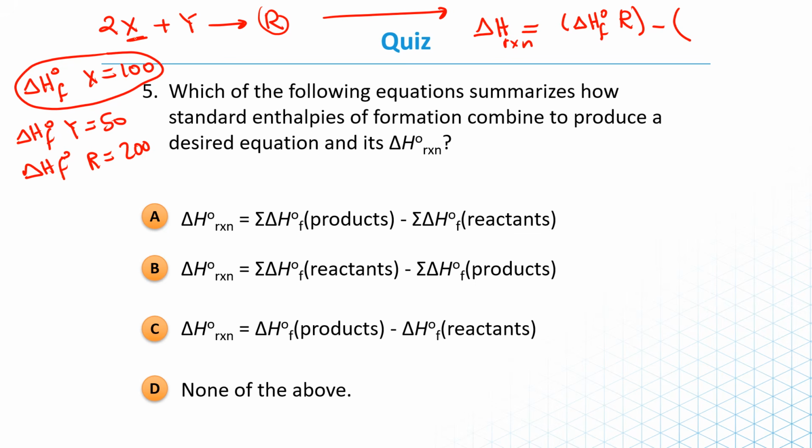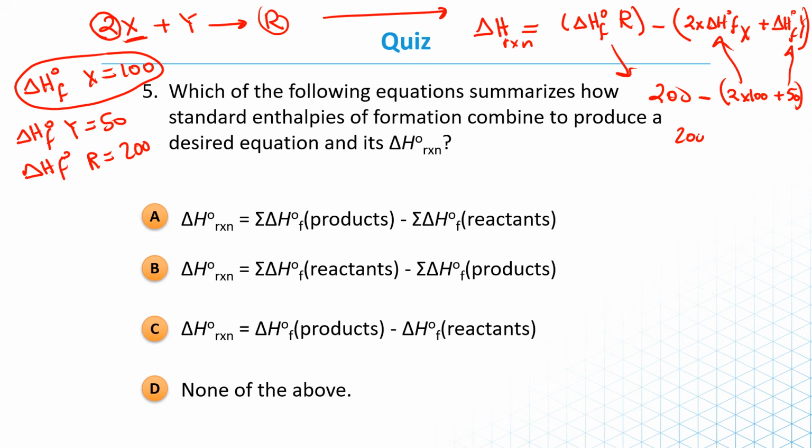now look at X here. You have 2, right? There is a coefficient. So it will be 2 times delta HF naught of X plus delta HF naught of Y. Meaning it will be 200 minus 2 times 100 plus 50.